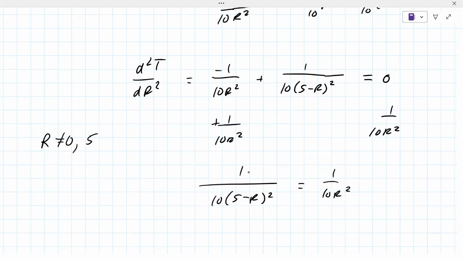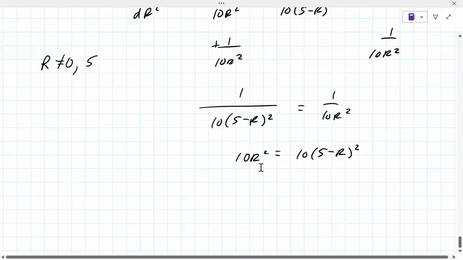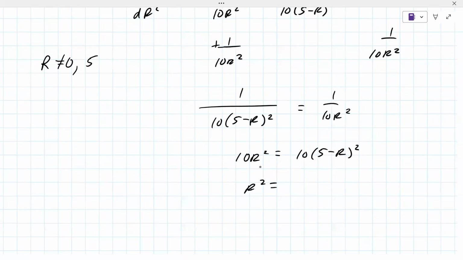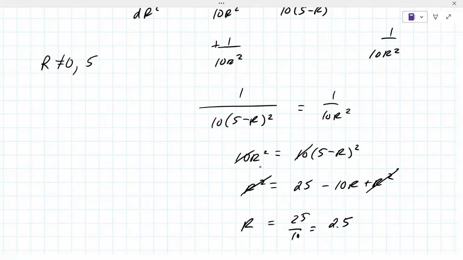You can then cross multiply: 10 r squared equals 10 (5 minus r) squared. The tens cancel. So you've got r squared equals 25 minus 10r plus r squared. Those cancel, and you get r equals 25/10, or 2.5.